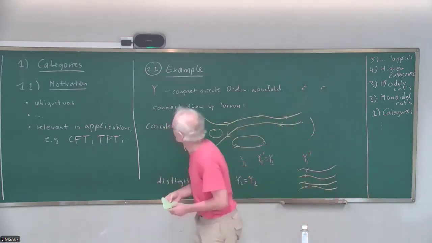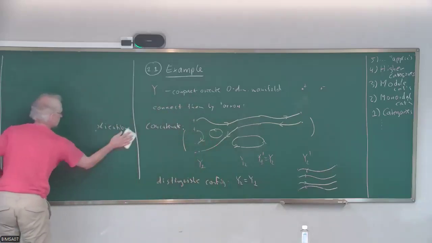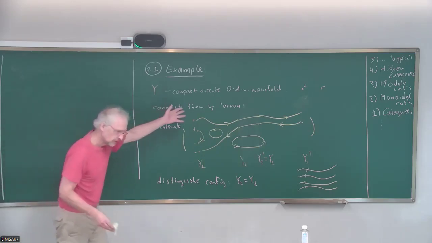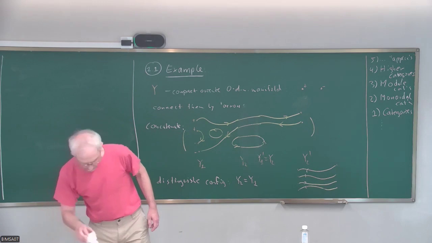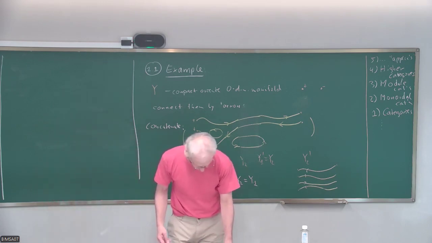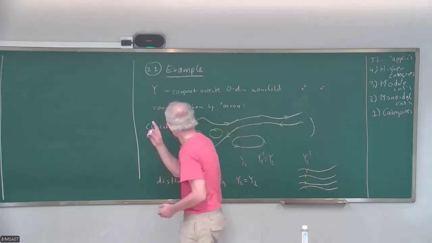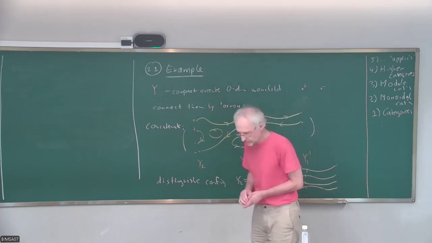So all these observations here we somehow want to formalize. Well, first of all, there's a two-layered structure. We have the zero manifolds and the one manifolds.